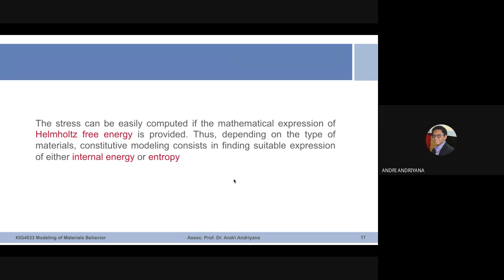So here, I think this is the last slide for today. The basic foundation is that the stress can be easily computed if the mathematical expression for the Helmholtz free energy is provided. Thus, depending on the type of material, constitutive modeling consists in finding suitable expressions of internal energy or entropy.